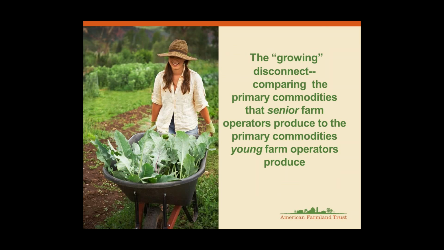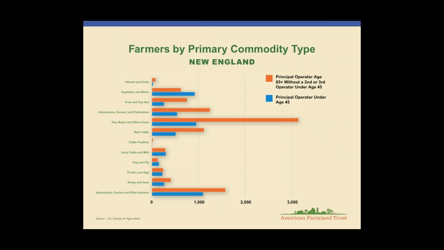The last thing that we wanted to compare is looking at the senior farmers and what commodities they are producing compared to what young farm operators are producing, to see how closely they track. And this was interesting for us.